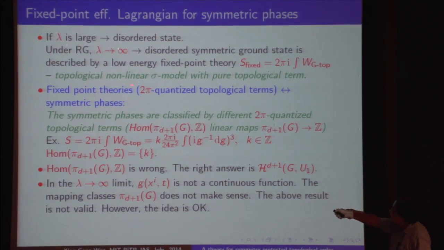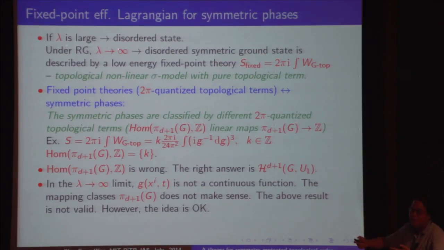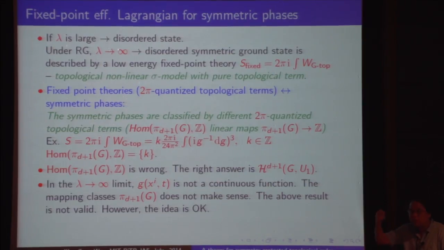So this idea that different fixed point theories, or different 2-pi quantized topological terms, correspond to different symmetric phases survives. What we need to do is develop different mathematics to implement this idea in a more correct way, not using field theory but using something else.